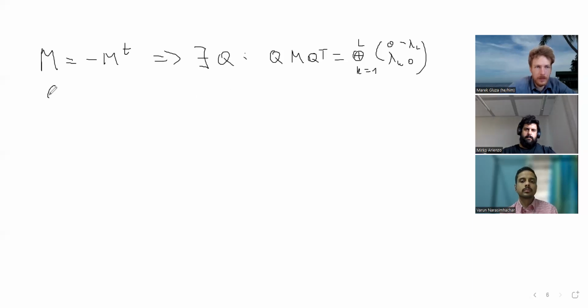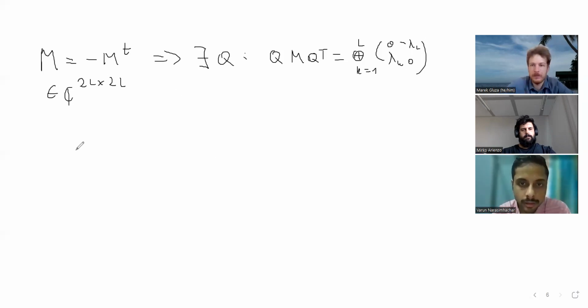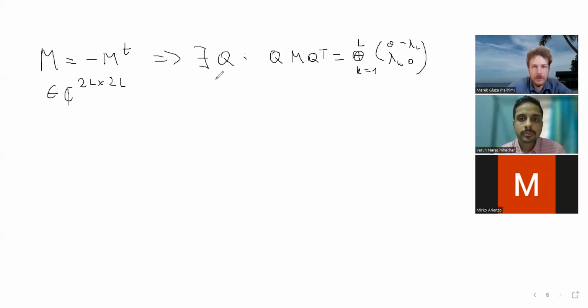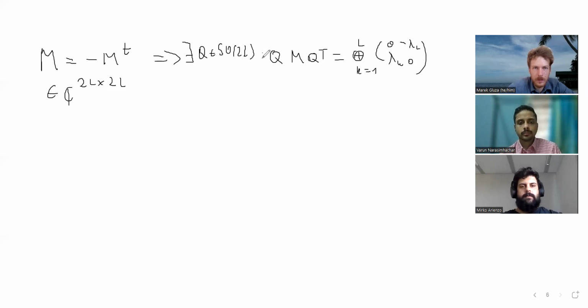But here I would be restricting this, in this case, to 2L by 2L. And what kind of matrix is Q? There exists Q in SO(2L) such that this holds. Okay, and I will give you a reason for that.